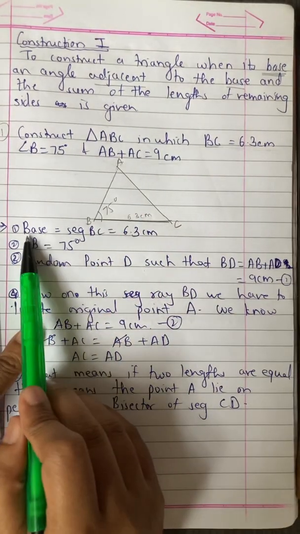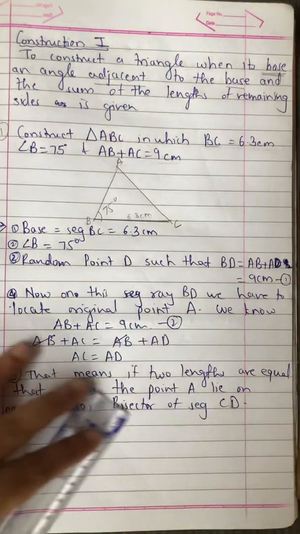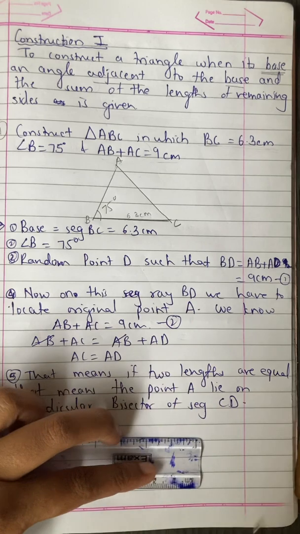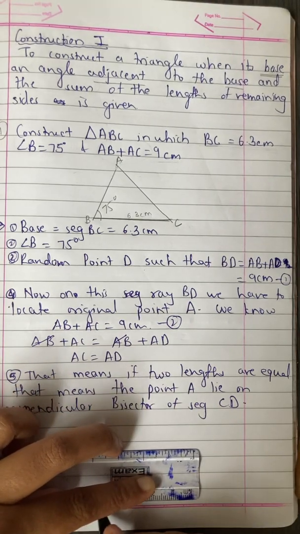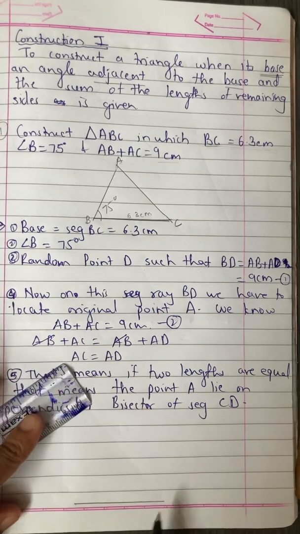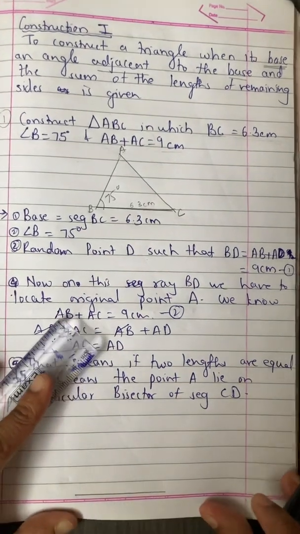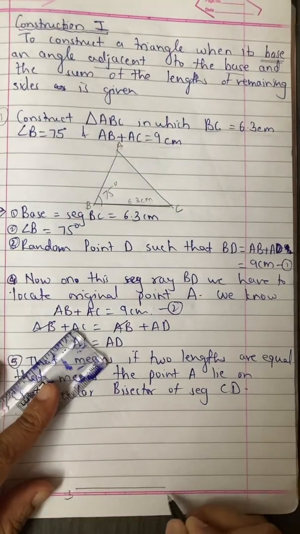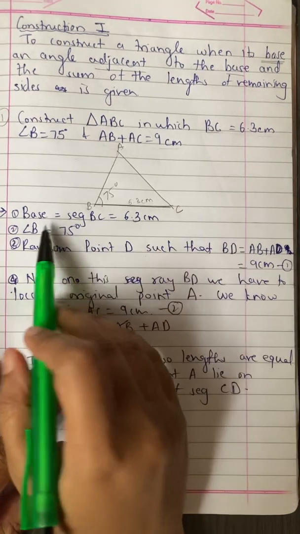Now first you have to draw base BC, 6.3 centimeter. Now I am not going to draw a fair figure, still I am drawing a rough figure, so in a rough figure you don't have to take the accurate measurement. So I'll name this base BC equal to 6.3 centimeter. After that, what do we have to do?